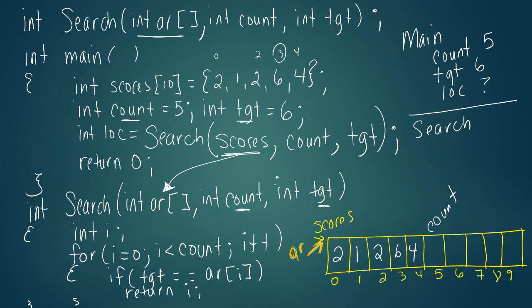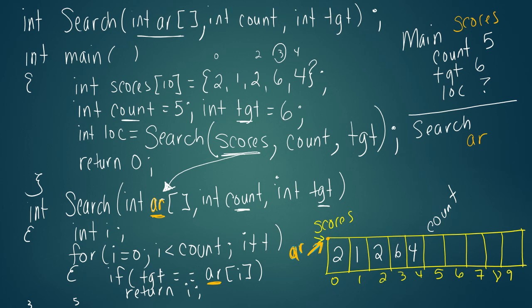So this is AR, this is an array. That's this array right here, AR. The AR will get declared and will point to the same location. So now from inside of this function, using the name AR, I have the ability to access the same array. So in my main function, the name of the array is scores, and in my search function, the name of the array is AR.